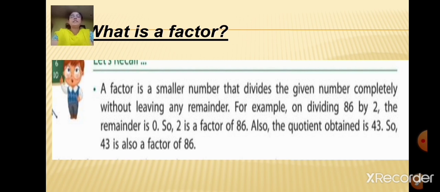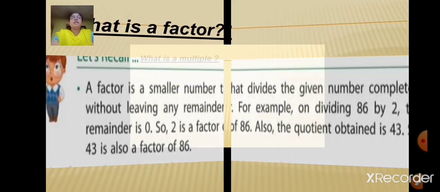When we divide 86 by 2, you get the remainder as 0. So we can say that 2 is a factor of 86. And also the quotient obtained is 43. So 43 also becomes a factor of 86. That means 86 is divisible by 43 also.